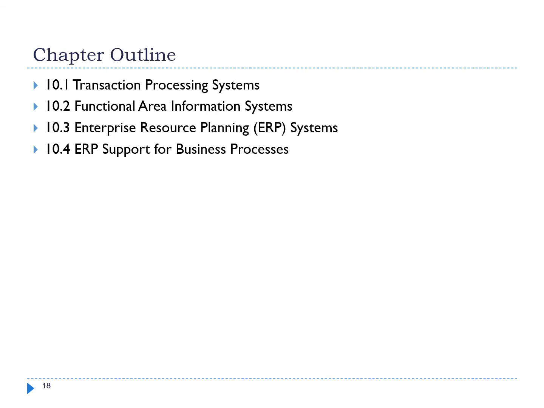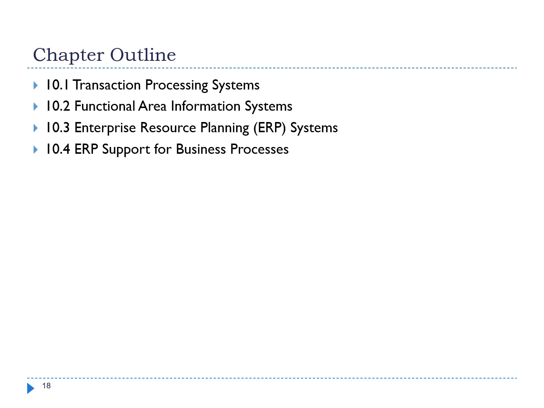Okay, let's conclude what we learned in this chapter. We introduced three different types of information systems within an organization, including transaction processing systems, functional area information systems, and ERP systems. Transaction processing systems support transactions.